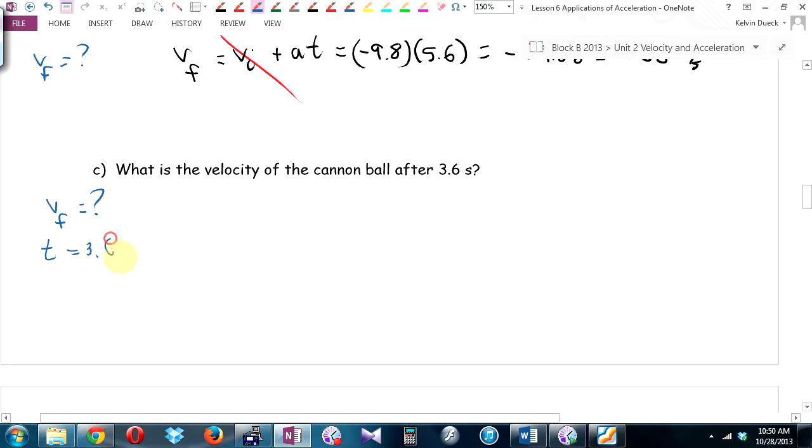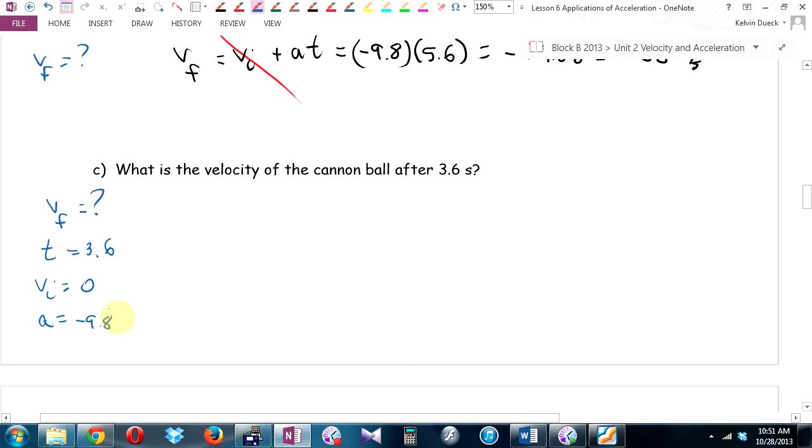So I'm going to relist my data because things have changed now. Do I still know V initial? Yeah, it dropped. Do I still know A? Yeah. Negative 9.8. Do I know 3 things? Then I can find the 4th.